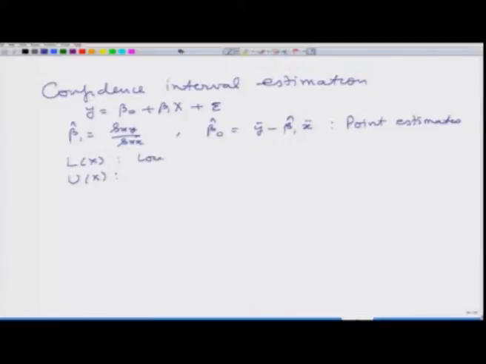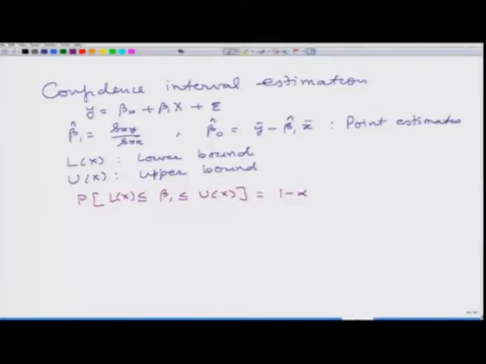Lx is the lower bound and Ux is the upper bound, and our objective is to find Lx and Ux in such a way that the probability that beta 1 lies between Lx and Ux is 1 minus alpha.